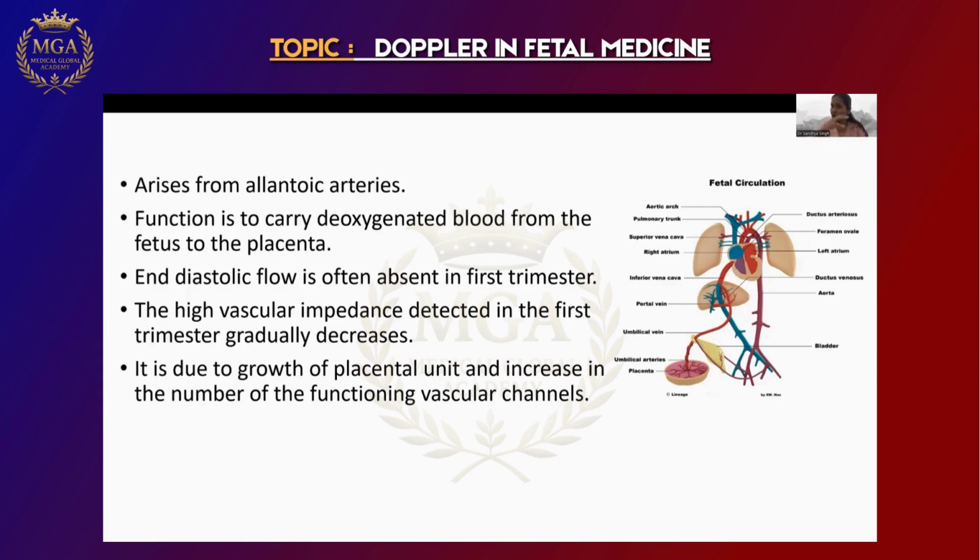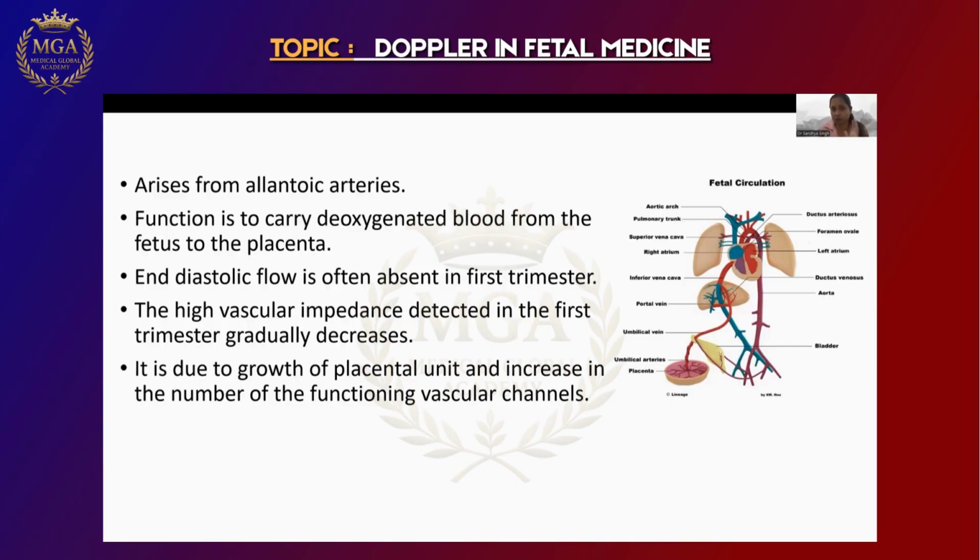Whatever pressure is there, if the placenta is very small, not formed properly, the umbilical artery is going to have difficulty sending blood to the placenta. So the umbilical artery has to increase the pressure and all those problems will happen. So like the uterine artery, in the umbilical artery also, as the gestational age advances and the placenta grows, I'm talking about a normal healthy pregnancy, the umbilical artery PI decreases over time.